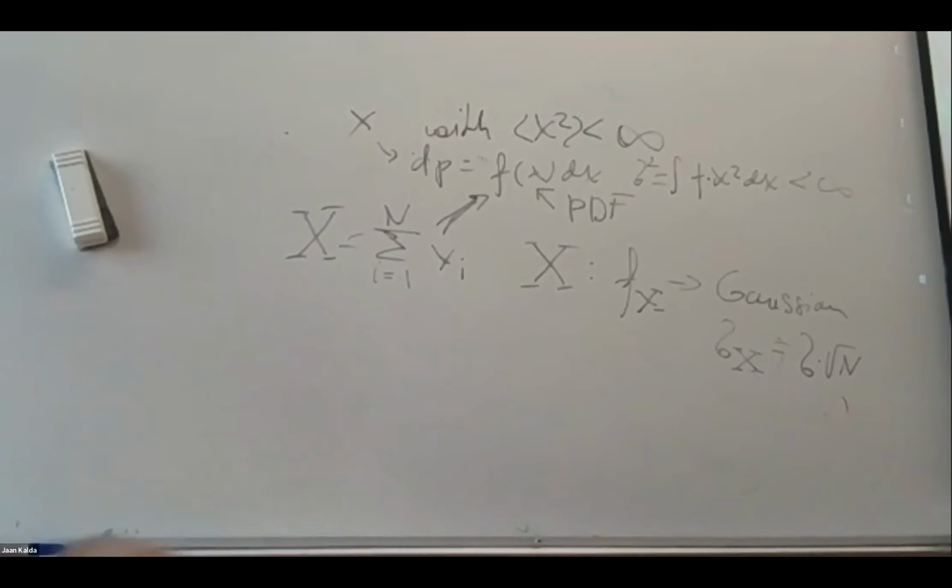But now if you make a very big number of throws of the dice and calculate the average of it, like throwing the dice 1 million times and calculating the average score you obtained after a million throws, then this is almost Gaussian distributed.